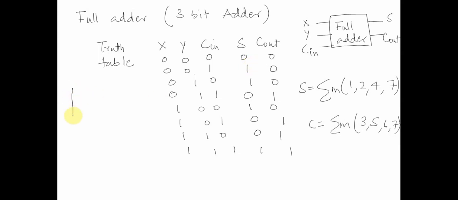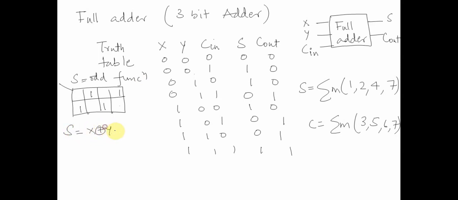So if we try to draw a K-map for sum, it will look something like this, with cells 0 through 7. This is nothing but an odd function. And for an odd function we said sum is equal to x XOR y XOR c. So it's the XOR of all three inputs, right?